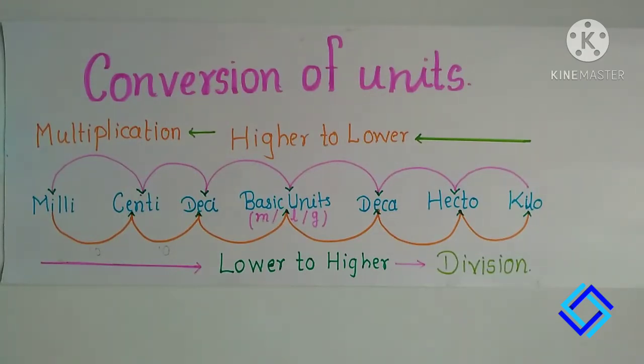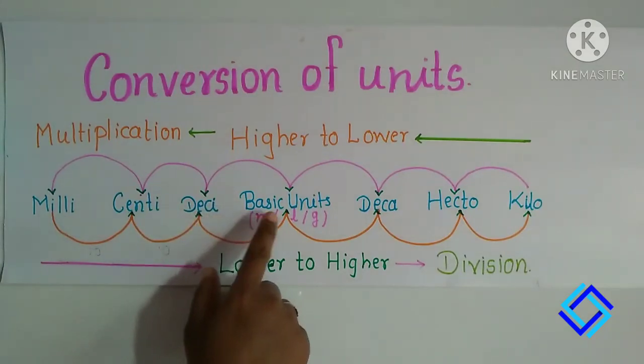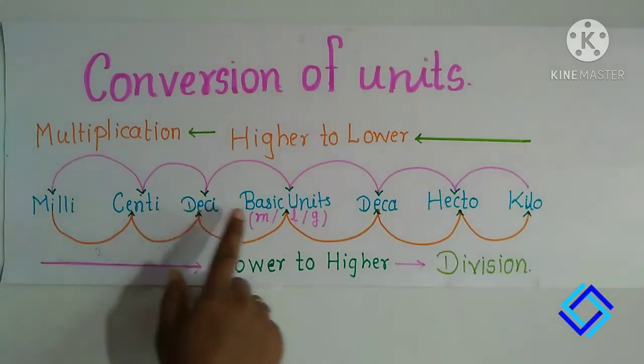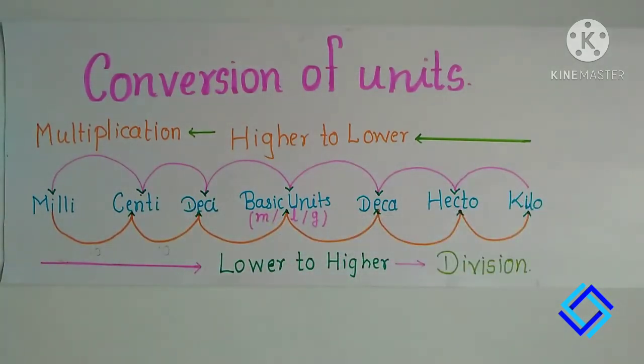One more time we will revise all the concepts again. To remember all conversions, you just have to remember one sentence: milli, centi, deci, meter, liter or gram, anything you can take here. Milli, centi, deci, liter, deca, hecto, kilo. That you remember.